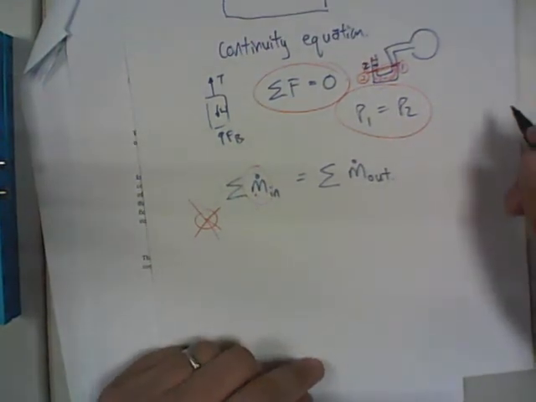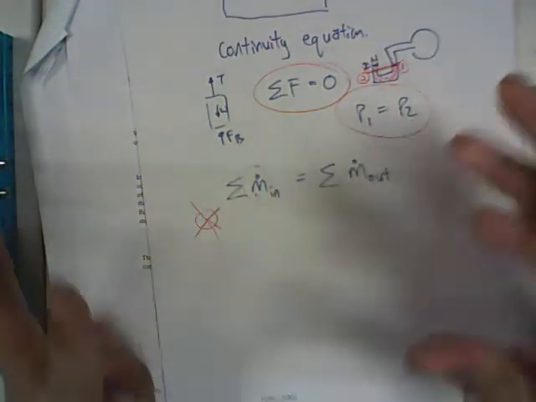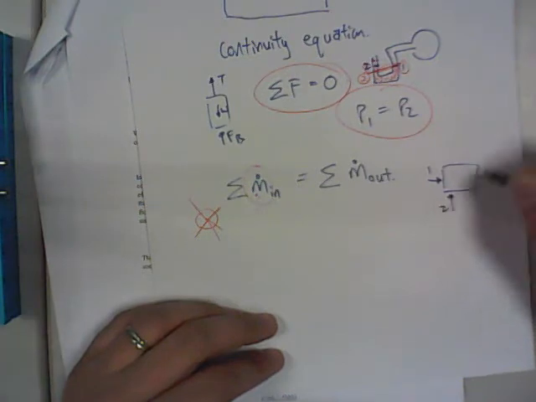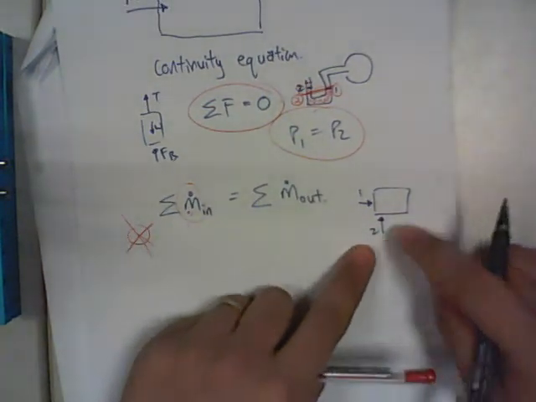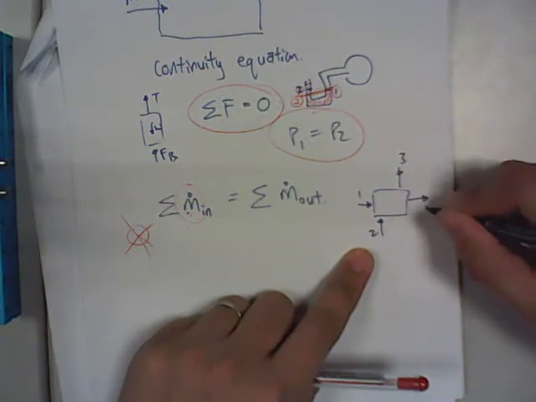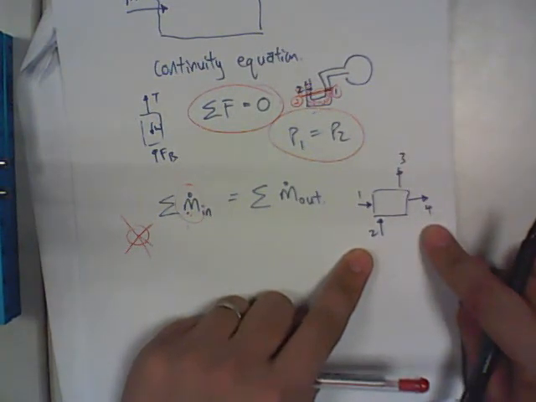Once again, let's say I have a system with pipe 1 and pipe 2 going in, and pipe 3 and pipe 4 coming out.